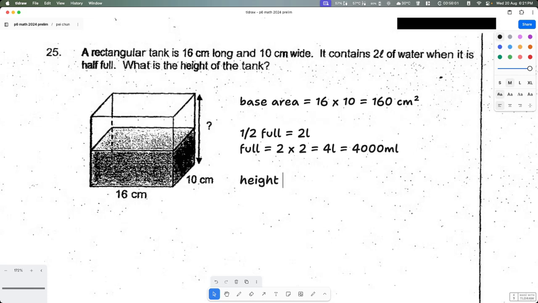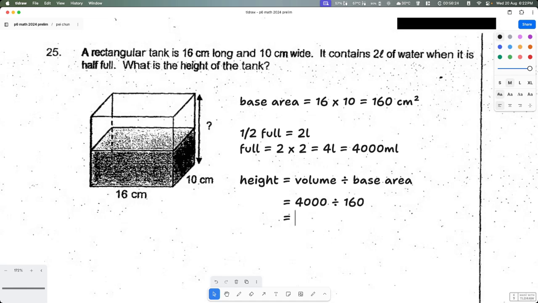So height is equal to volume divided by base area. In this case, this will be equal to 4000 divided by the base area, which is 160.